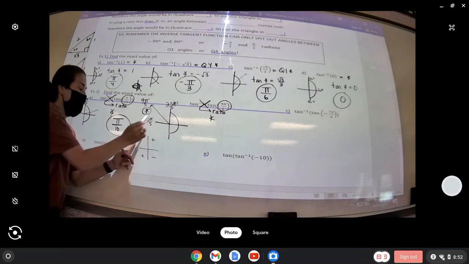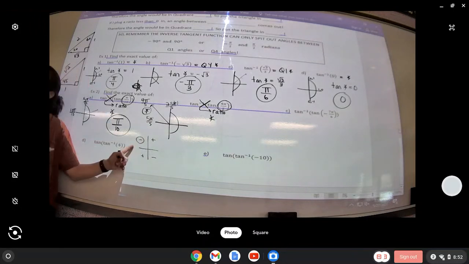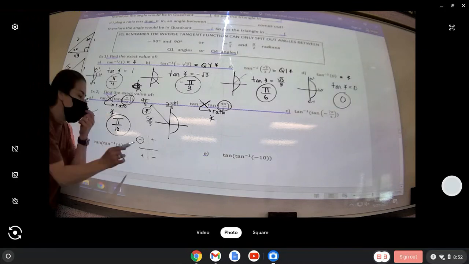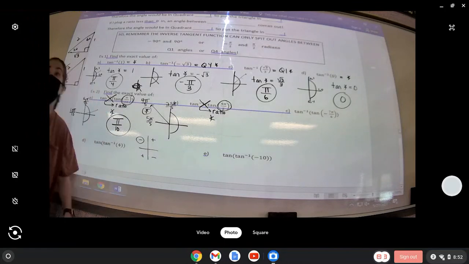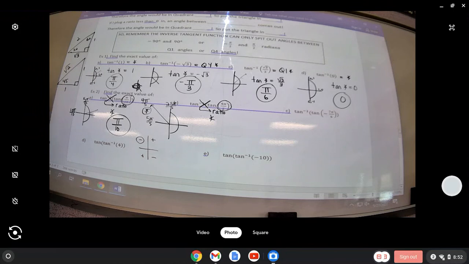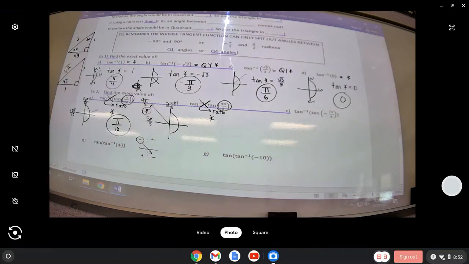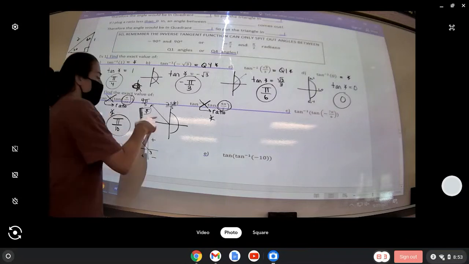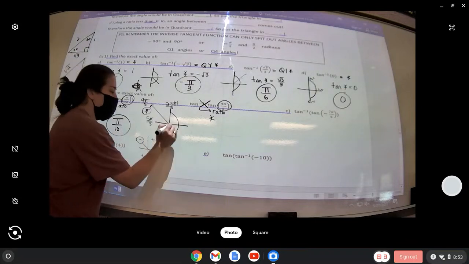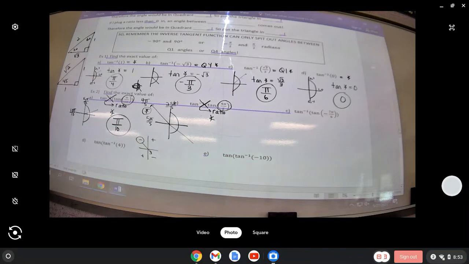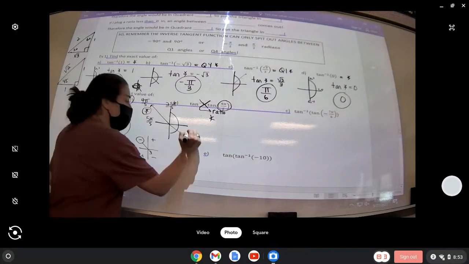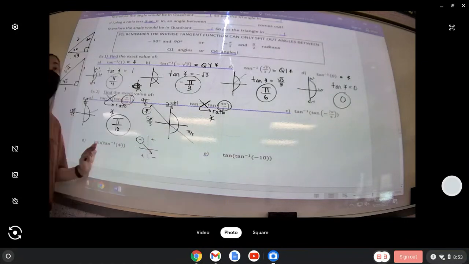So if we're working with a quadrant 2 angle right now, he can't spit that out. But there's an angle in quadrant 4 that got you the exact same negative ratio. So we got to figure out what angle is that in quadrant 4. All right, so do this. If you have a reference angle of pi over 5, give yourself an angle in quadrant 4 that also has a reference angle of pi over 5.